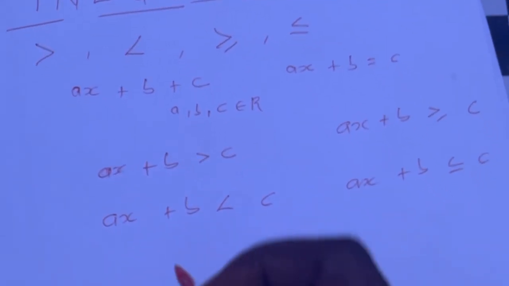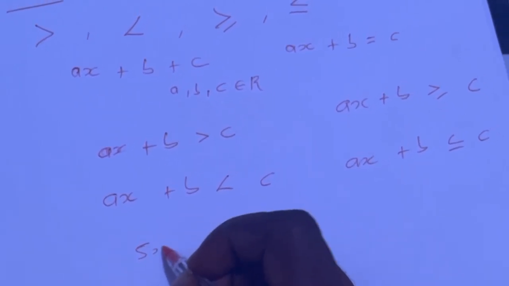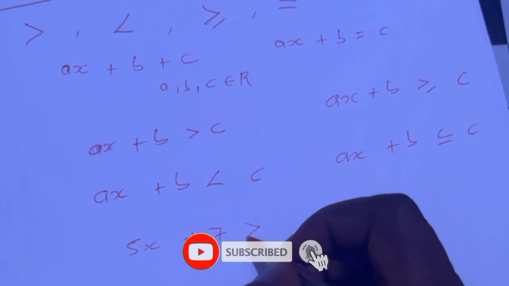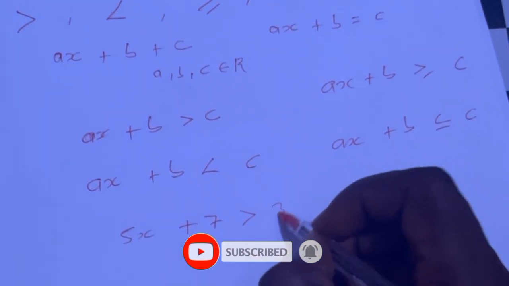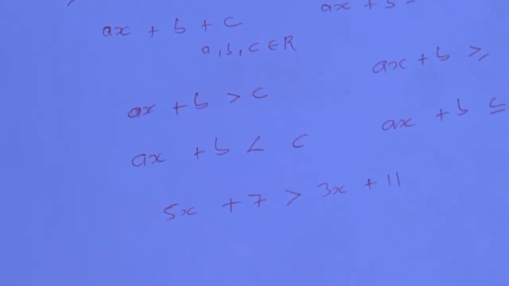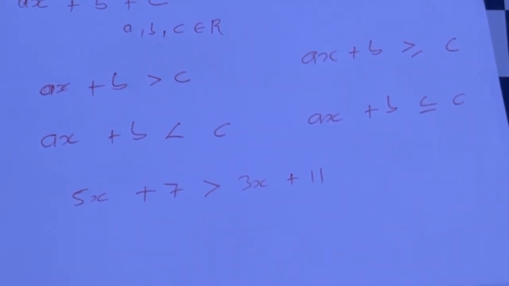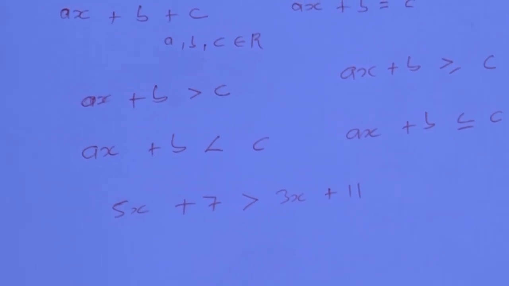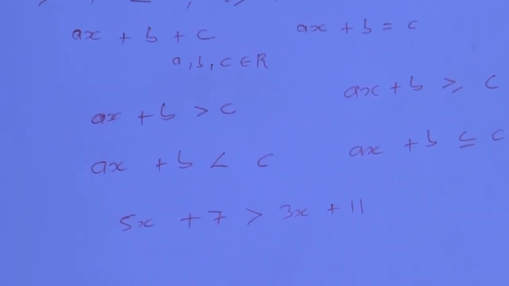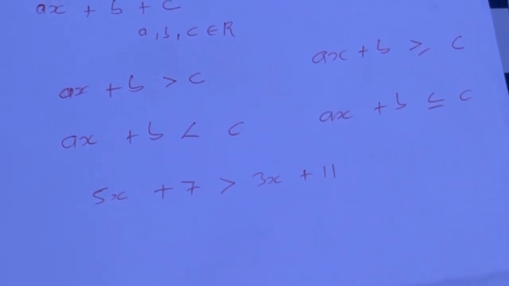So let us consider this simple inequality: 5x plus 7 greater than 3x plus 11. To solve this simple inequality, we just follow the steps of solving equations, specifically linear equations.